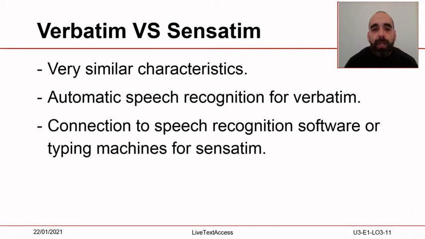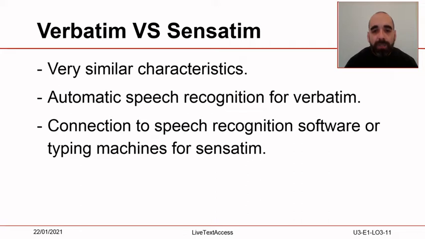Whether you are aiming to produce verbatim or sensatim subtitles, there are some technical features that may help the subtitler in their task. An editing software with a good automatic speech recognition option is very useful for the creation of verbatim subtitles. Since the subtitles need to reproduce the speech word for word, an ASR tool gives you the opportunity to focus on editing.